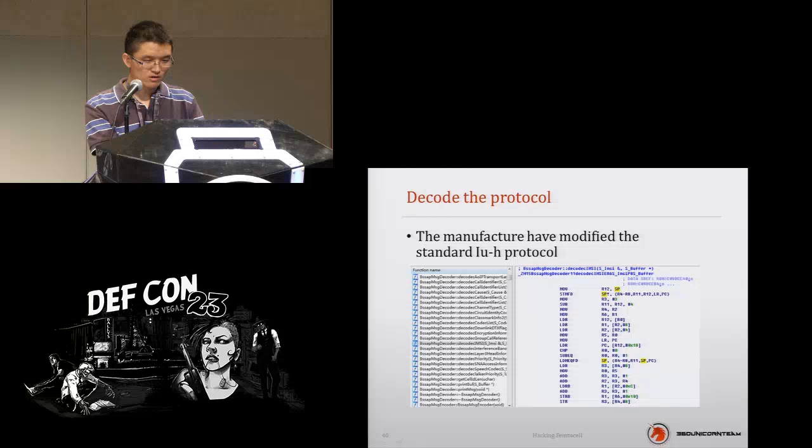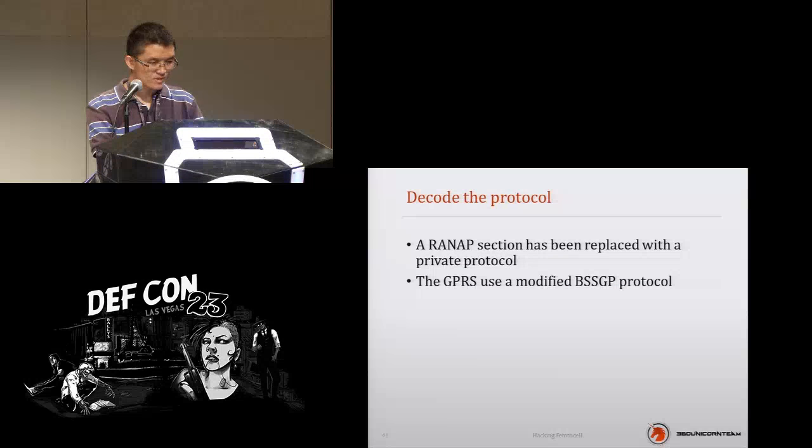While doing a lot of reverse work, we found that the IAMP protocol has been modified. After decoding the protocol, we can analyze the short message, and the original protocol has been replaced with this protocol, and GPRS has been replaced with the BSGP protocol.